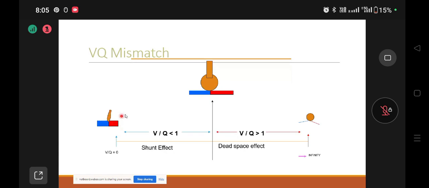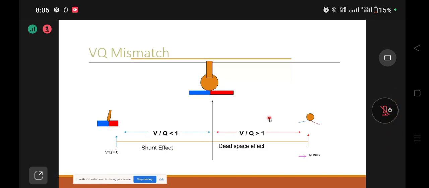It's not getting oxygenated over here because your oxygenation machinery is bad. There is no oxygen which is coming through here. So this is called a shunt, because your blood is shunted through an alveoli which is not participating in oxygenation. So this is called a shunt.